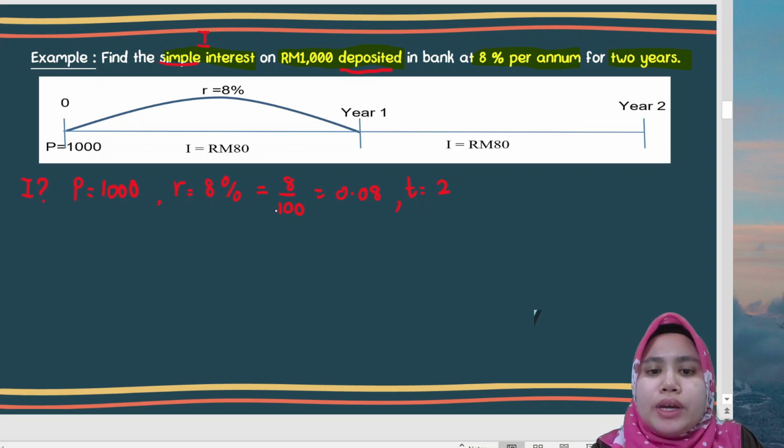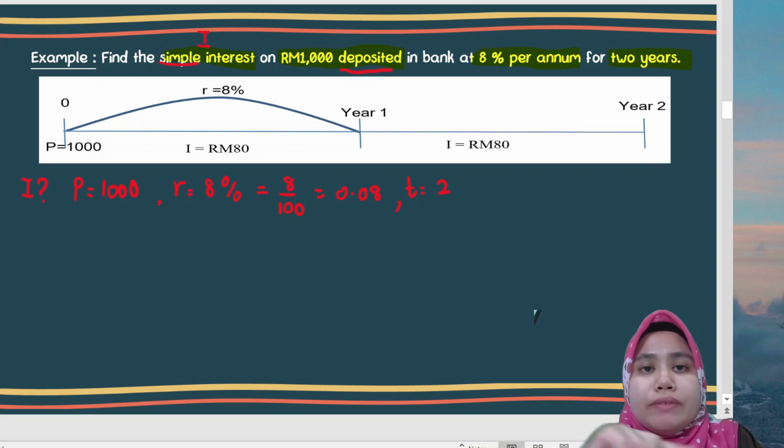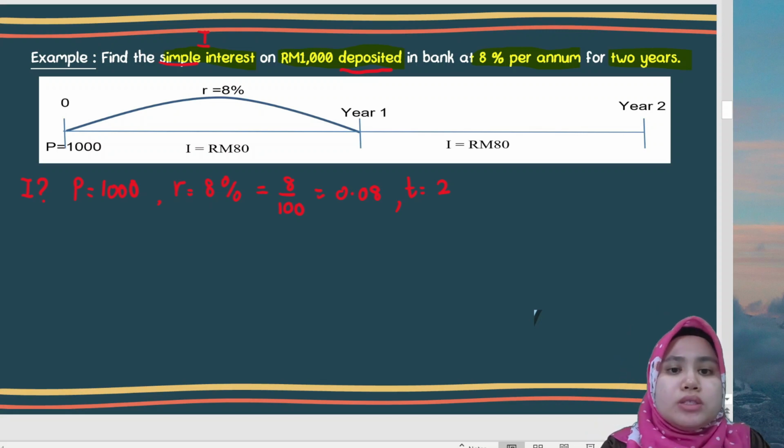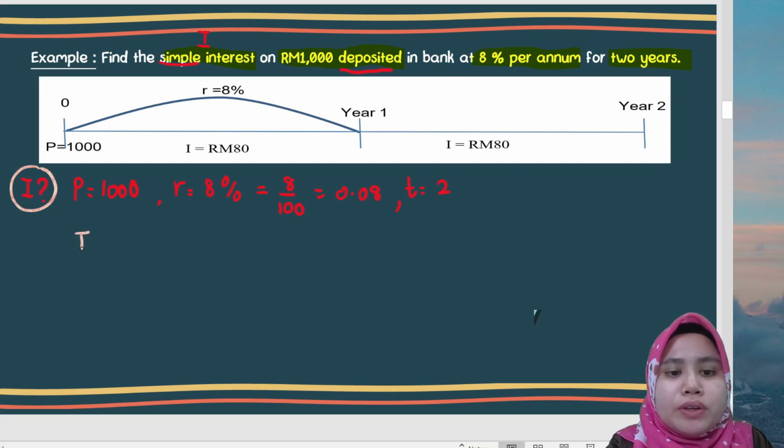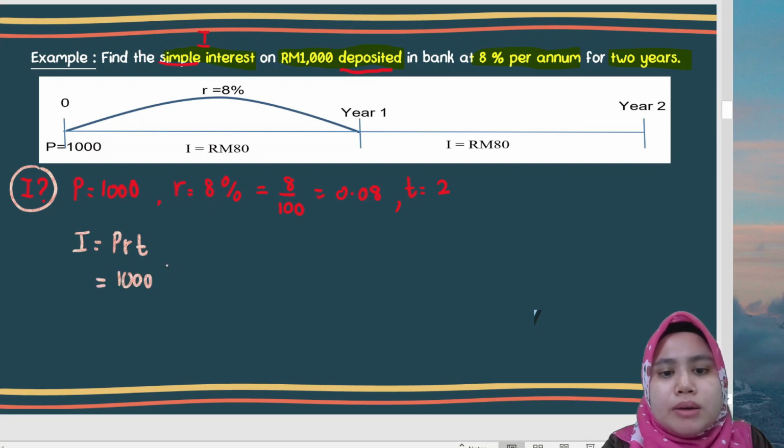For Maths Finance, you need to list down the values that you have, because you get your marks there. We want to find capital I, so let's use our formula, I equal to PRT. So 1000 multiplied by 0.08 multiplied by 2.